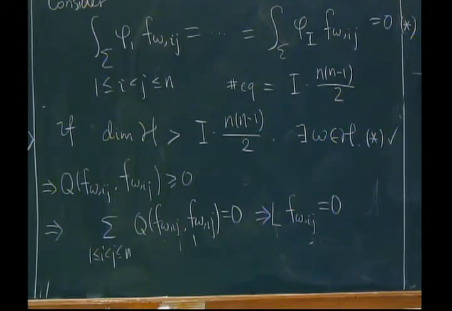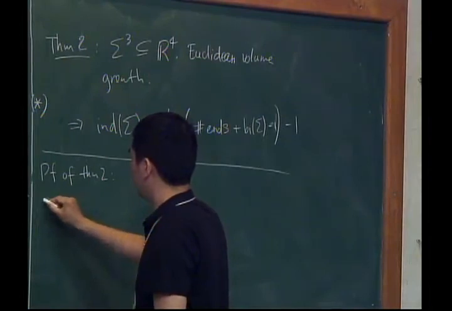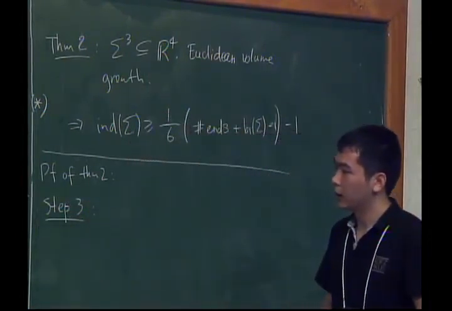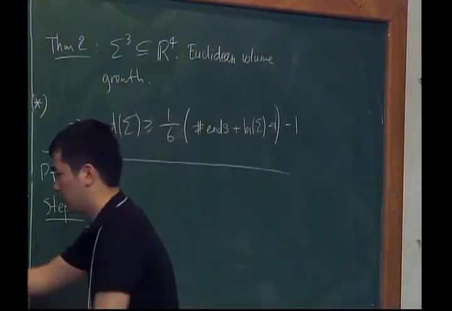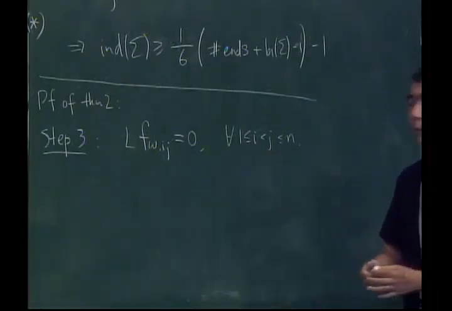For theorem 2, we need to be more careful. It involves a third step, meaning that we need to look at when the Jacobi operator acting on f omega ij is 0 for all pairs i and j. This is not a condition that is likely to hold.